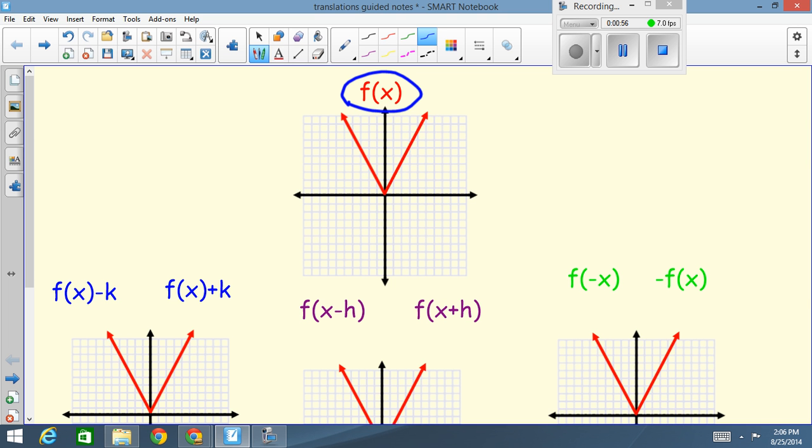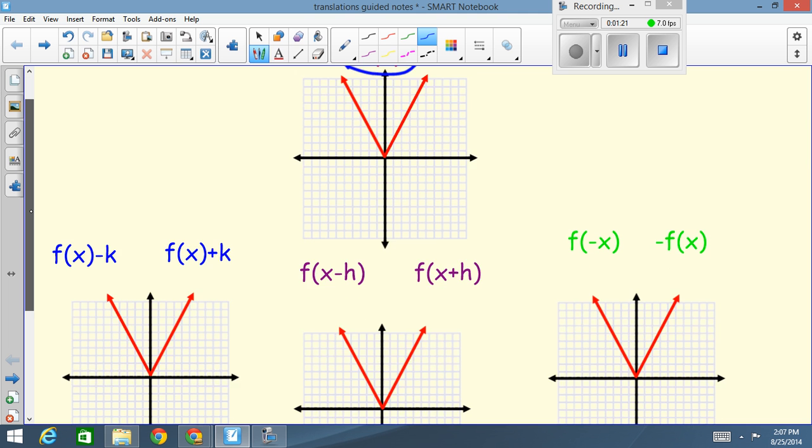And what we're going to do is show how that function changes, how it slides or flips or does whatever, depending on what sort of things are added to the equation of the function. So we're possibly going to add to it, subtract from it, do stuff in front of it. We're going to do all sorts of things, and we're just going to look at how it changes.